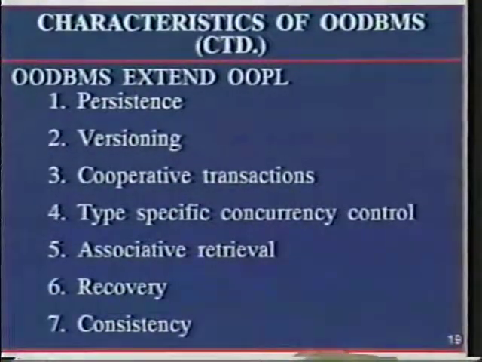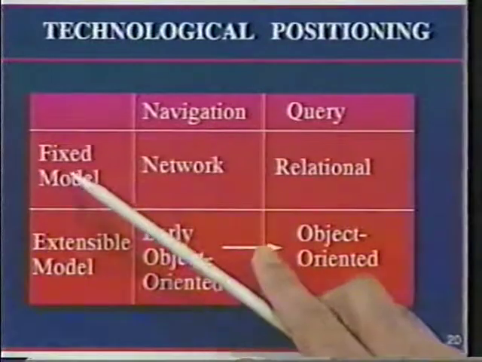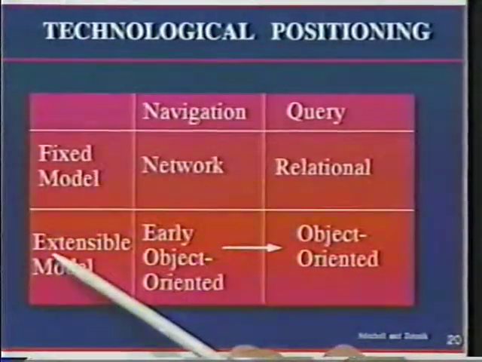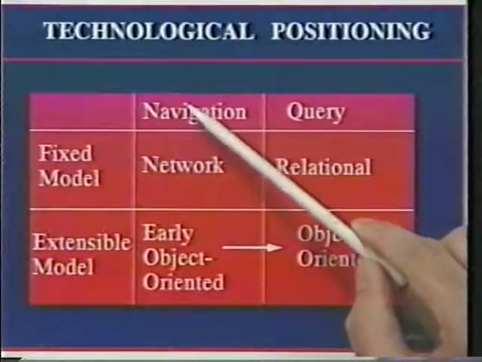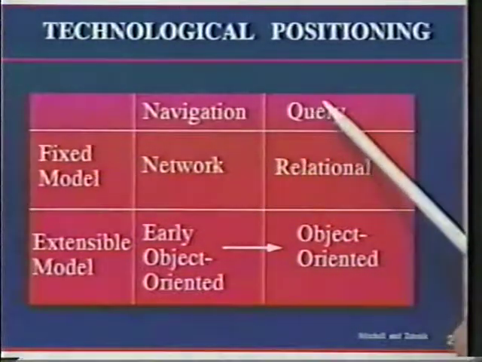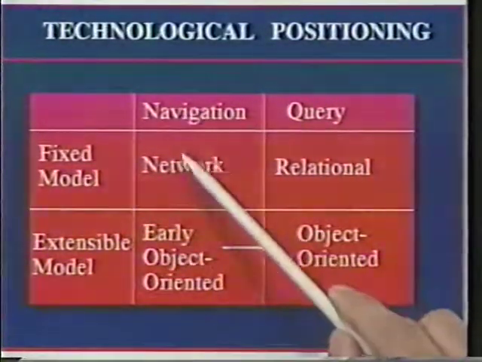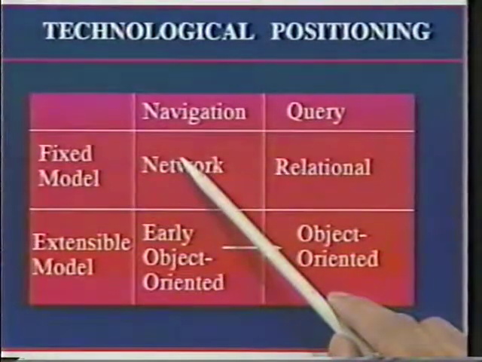In terms of the technological positioning of object databases versus relational databases, we see that in the past we can divide basically the databases into the fixed model and the extensible model, and based on the query we have navigational query or structured query languages. Network-based systems have a fixed model and are based on the navigational query system.